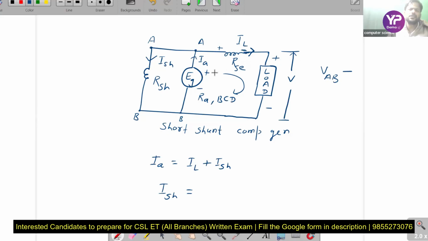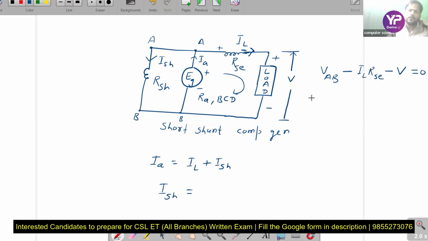So if we write this equation, VAB minus IL RSE minus V, the voltage across the load, equal to 0. According to KVL, the algebraic sum of branch voltages in a closed loop is equal to 0. So VAB minus IL RSE minus V equal to 0.